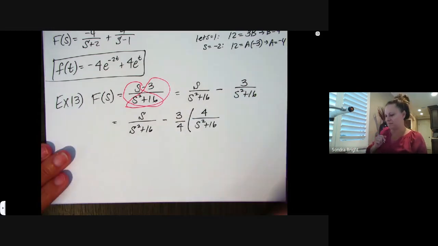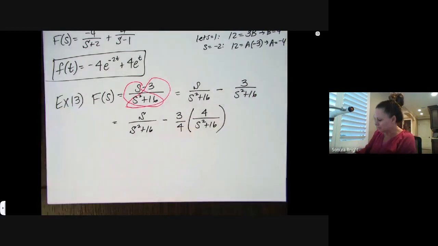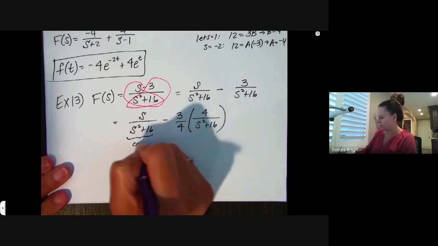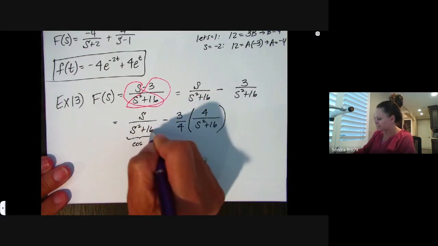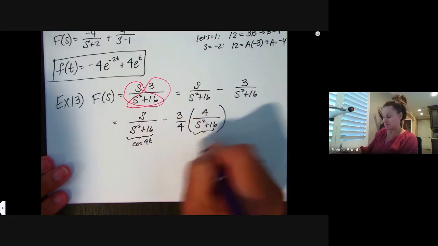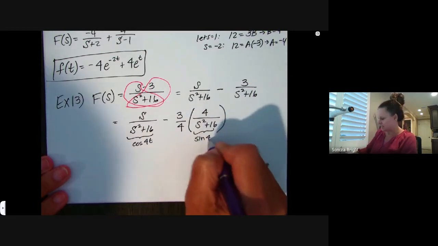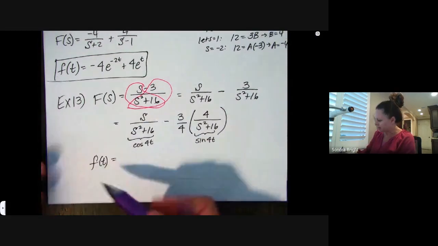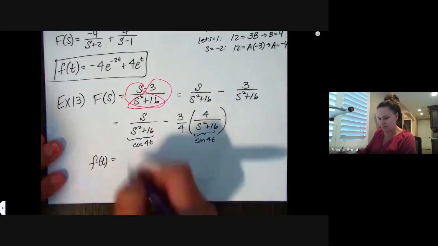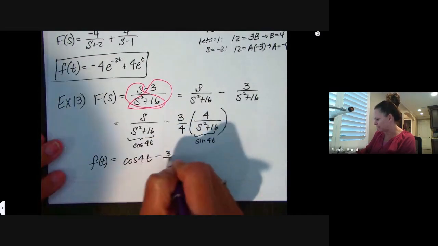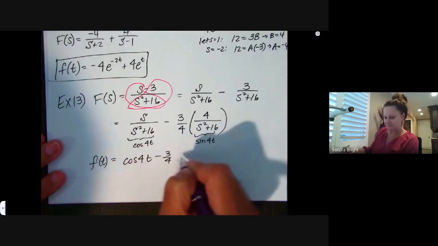Tricky, right? This one is cosine of 4t, and this one is sine of 4t. So we get that little f, the function whose Laplace transform is this, is cosine of 4t minus 3/4 times sine of 4t.